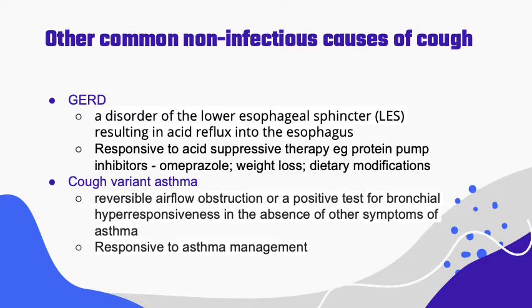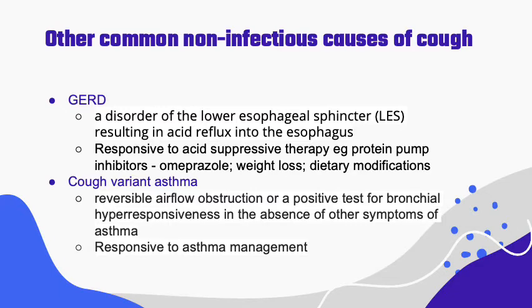The importance of distinguishing GERD is that the management will not be through cough medication, but by suppressing acid secretions via proton pump inhibitors such as omeprazole. Weight loss and dietary modifications to decrease acids in the diet will be helpful.